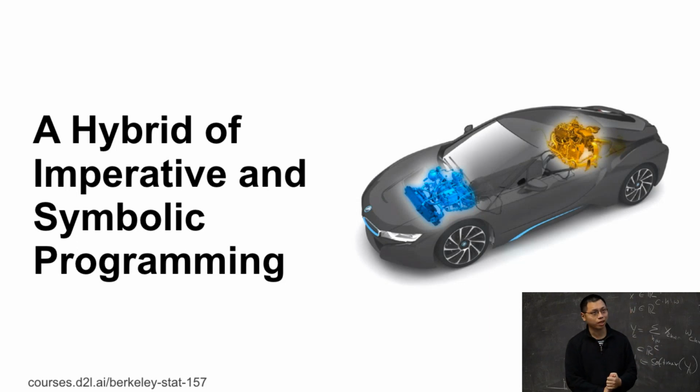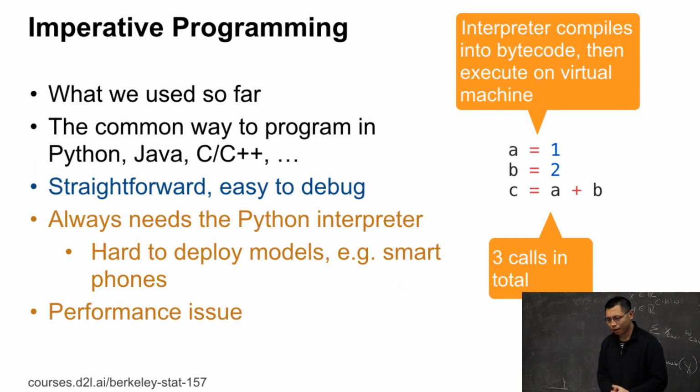Okay, so the first topic is how to do hybridized training to mix up imperative and symbolic programming. We talked about imperative programming before. So far, we have all used imperative programming. That is the common way in Python, in Java, in C++. Here is an example, just 3 lines of code.